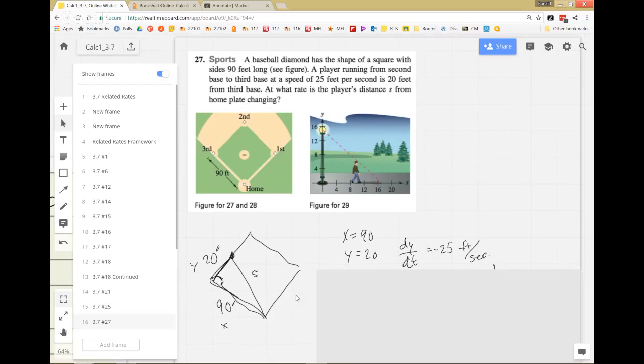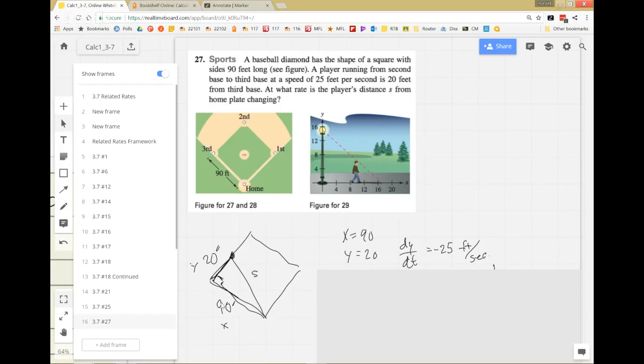As you probably know, bases are 90 feet apart in baseball. So we've got the 90-foot length. A player is at the moment running from second to third base, and he's traveling at a speed of 25 feet per second. And at the moment, he's 20 feet from third base. So he's right about where my arrow is right now. I drew that on my picture down here.